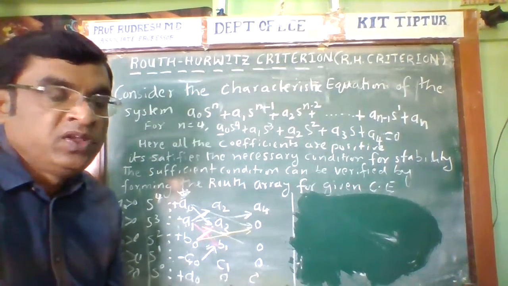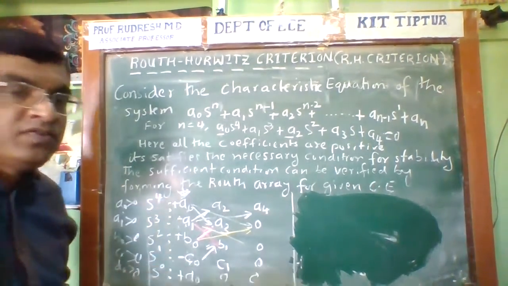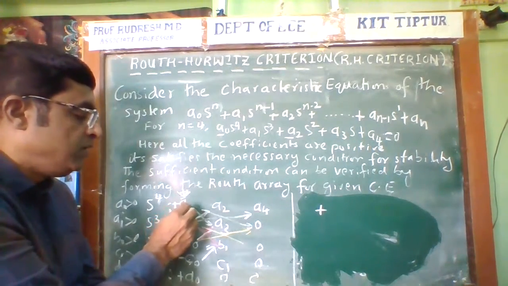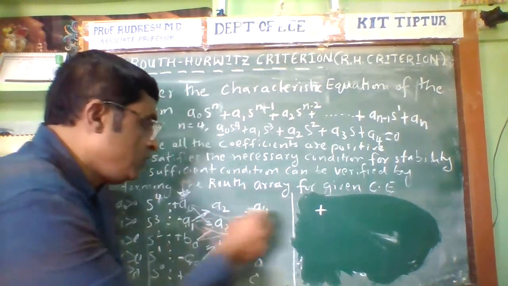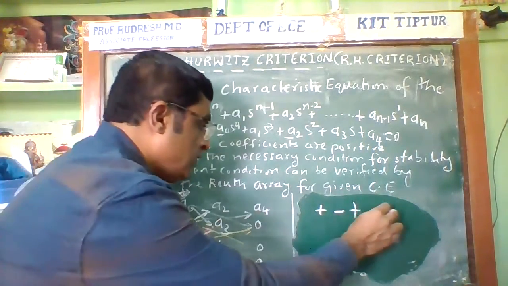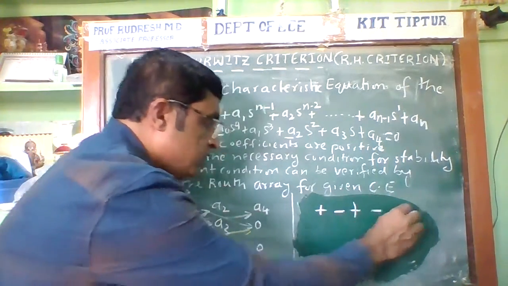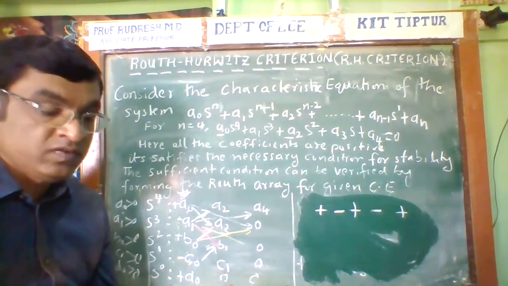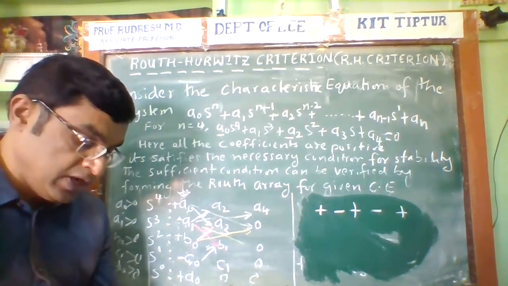If it is like this, the first element sign is positive, the second is negative, again positive, again negative, and the last element is positive. The number of sign changes is represented by this root array.